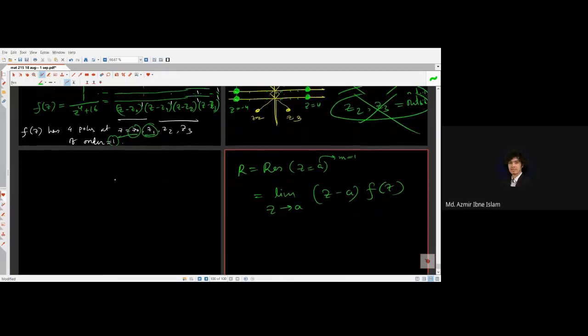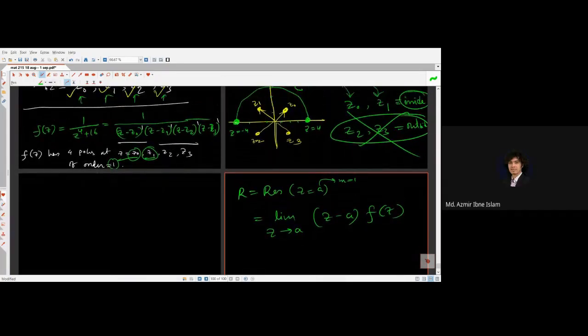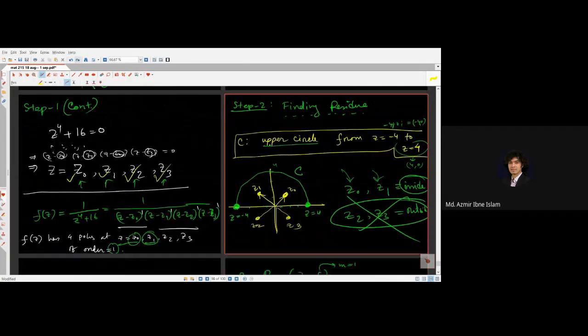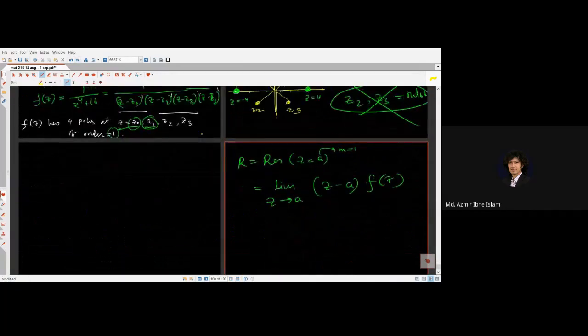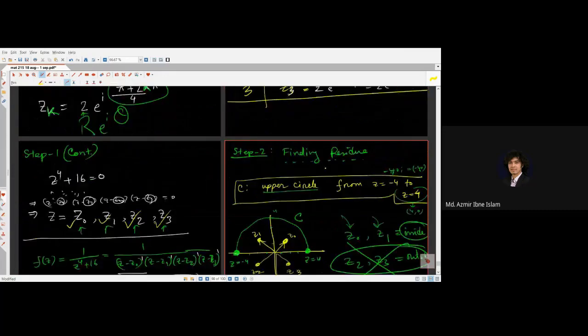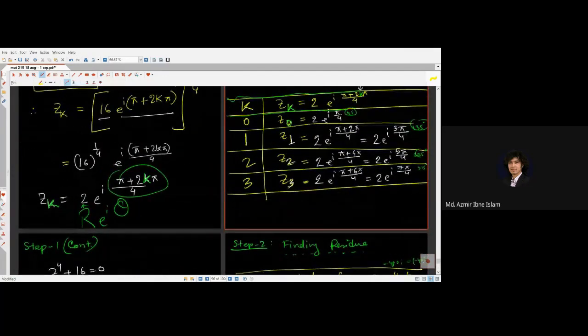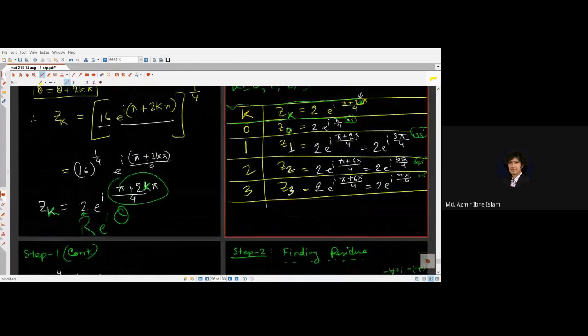Yes, sir. Okay. So let's find the residue at z0. Now we are in step 2, so step 2 is continued. That is the residue at z = z0. Also z0 is 2e^(iπ/4).